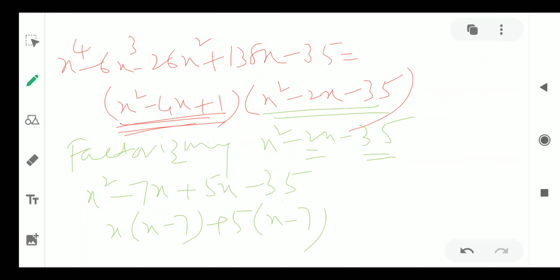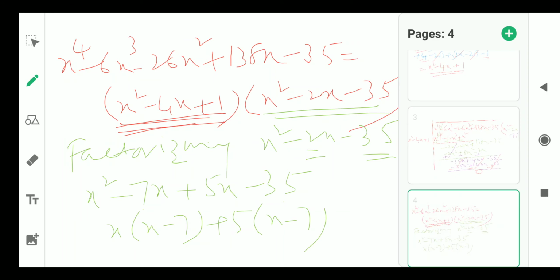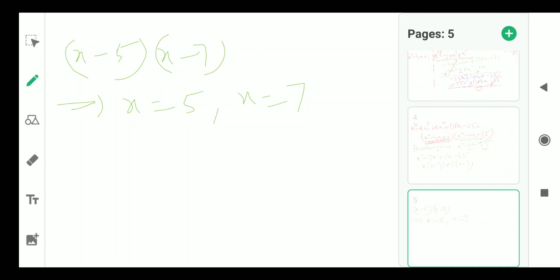So therefore what will happen? x minus 7 into x plus 5, the factorization. So this implies one zero is 5, the other zero is 7. Okay, sorry, I made a mistake.